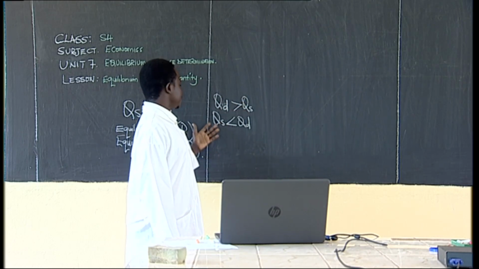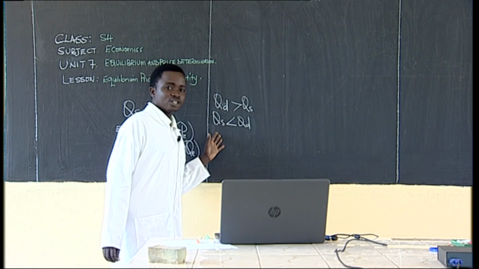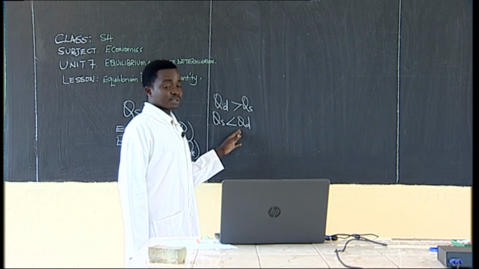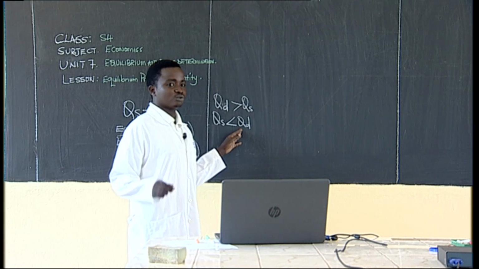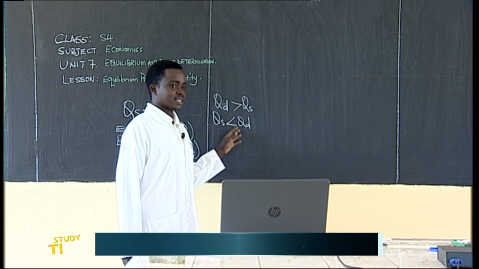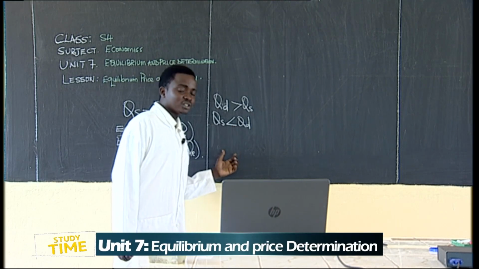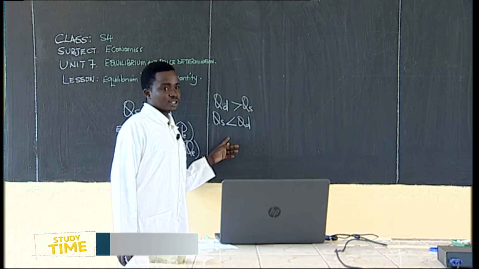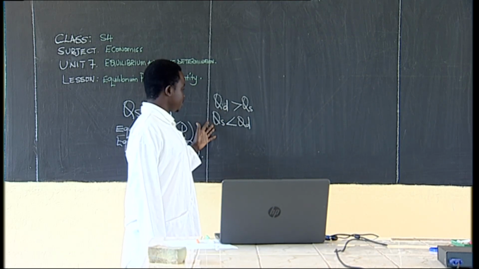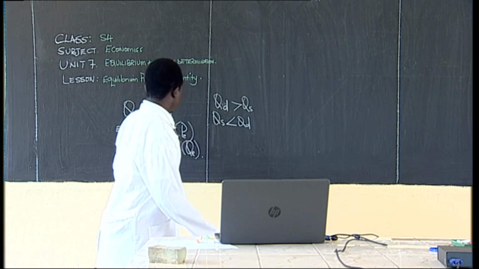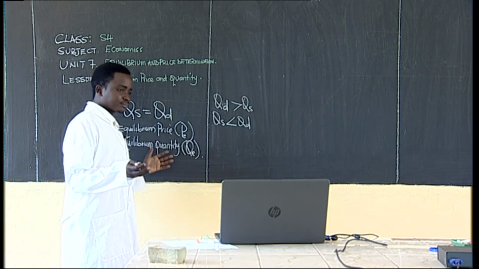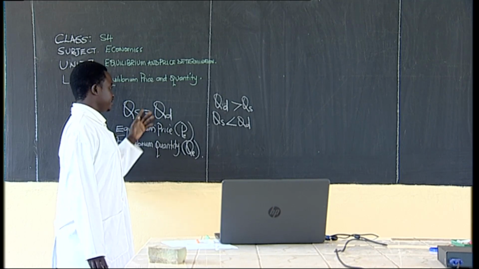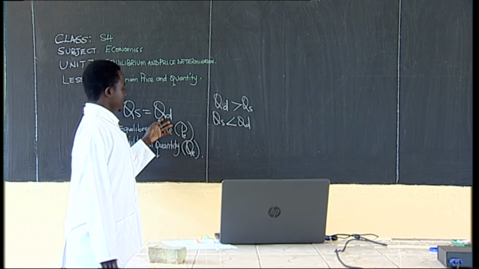If quantity supplied is greater than quantity demanded, we expect producers or sellers to reduce prices so that they can attract consumers to buy the goods and services brought to the market. So to attain a market balance, an equilibrium, quantity supplied must be equal to quantity demanded.